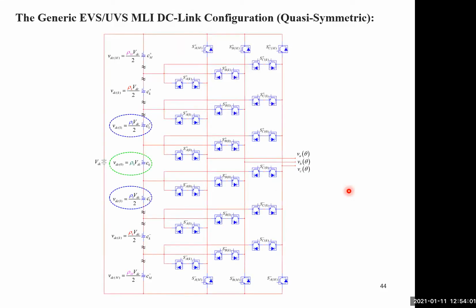This is the construction of the DC bus for a multi-level inverter. We have row 0, row 1 upper, row 1 lower, row 2, or generally row K up to row M. We need to generate a quasi-symmetric DC bus with this MLR.